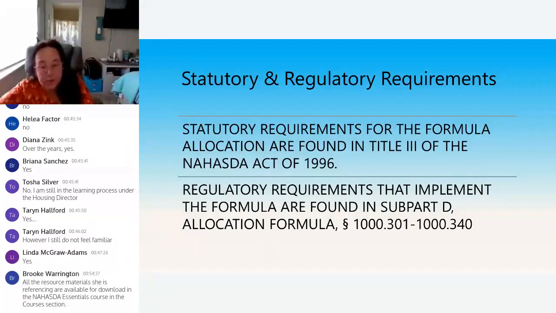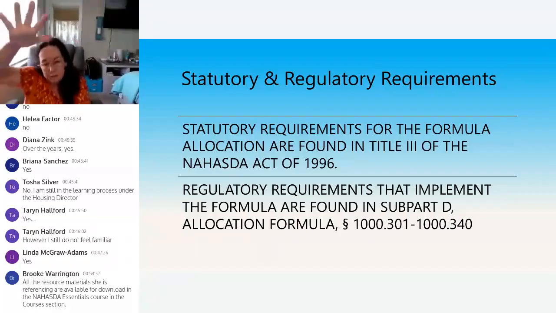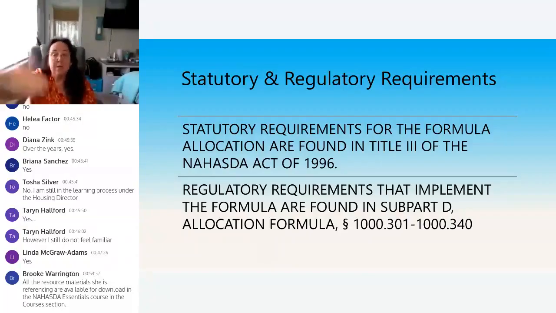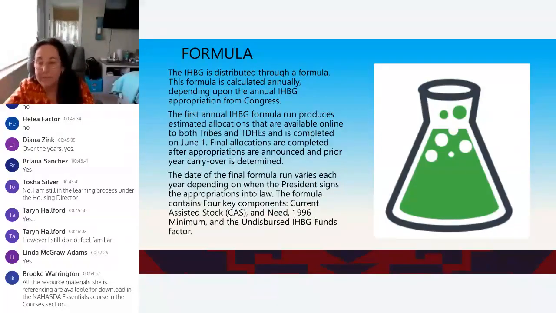So right now for the formula, it just told me that I have to go to Title 3 of the NAHASDA statute. That's where I'd start reading. And then it tells me I need to go to 301 to 340 of the regulatory requirements at 1000. So the regulations, which is that second one in your reference materials, to read about that. Okay. And that's where you're going to find your rules for the formula.